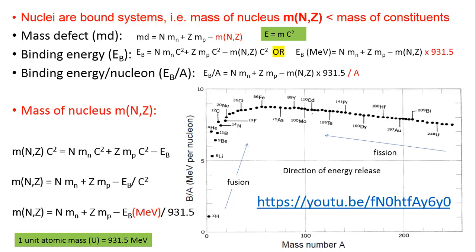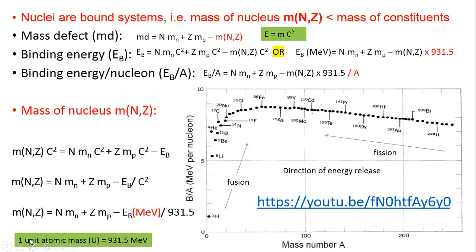Again, if you want to calculate the binding energy, you have to convert the mass into energy, and you can use the simple Einstein equation, E equals mc squared. So I am multiplying c squared to the whole equation, or if you want to convert the energy into mega electron volts, you simply multiply by the factor 931.5 instead of c squared.